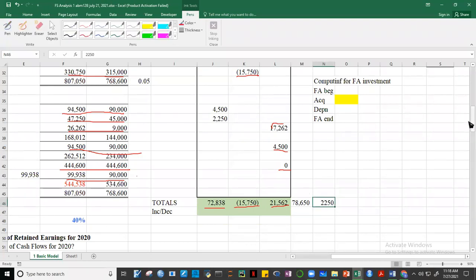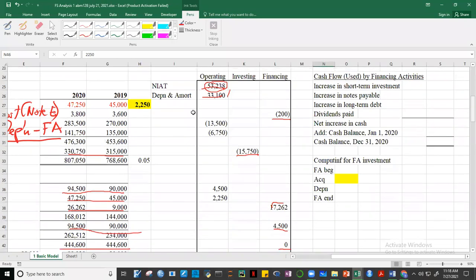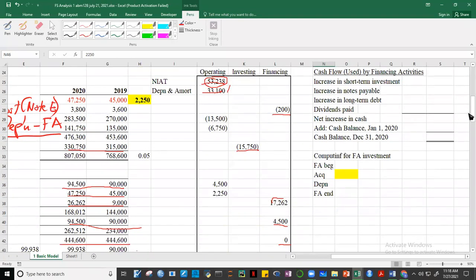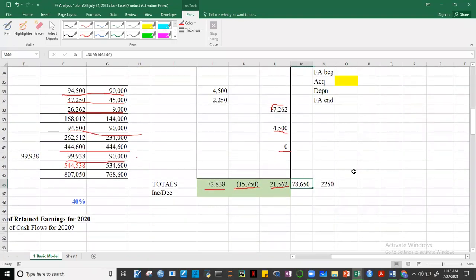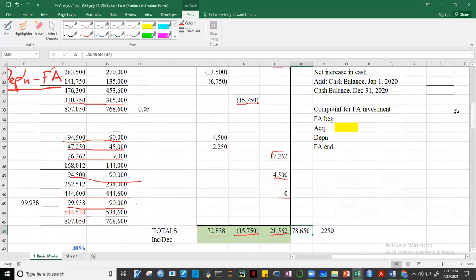Dapat this should be equal to the change in your cash. Okay. So whatever change in cash is, it should be 2250 and not 78,650. So my question, guys, is overstated ba yung changes natin sa cash flow or understated? Over or under na lang paki-chat, guys.